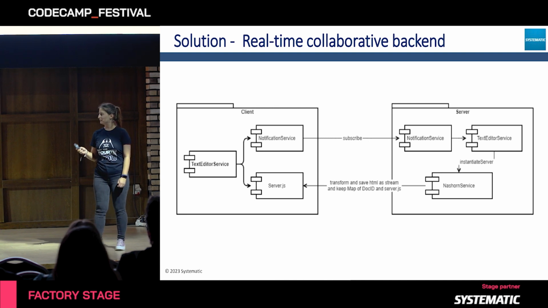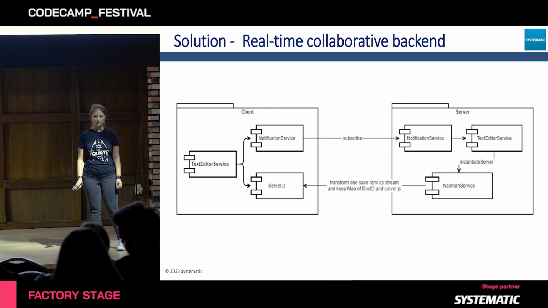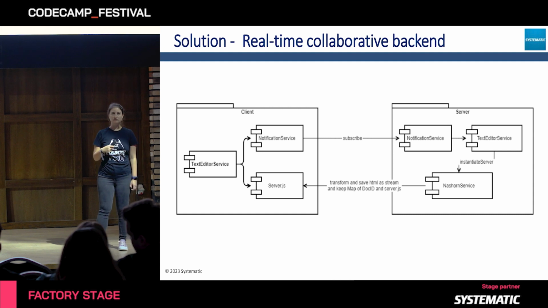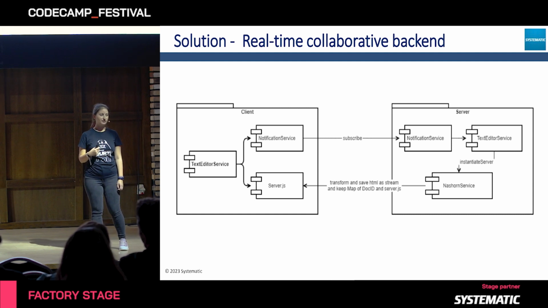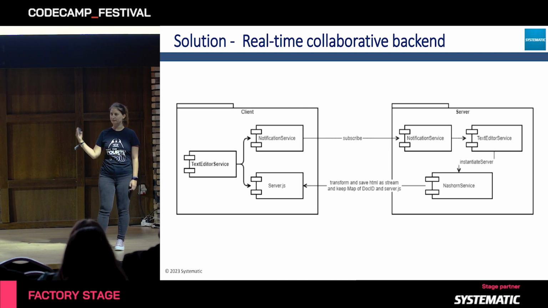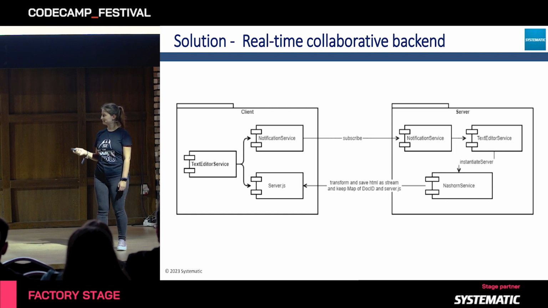And that server.js is retrieved by the Nashorn service, which is what we use in the server. The main role of the Nashorn service is to keep a map of all the changes in the client in order to propagate them to all the other clients.